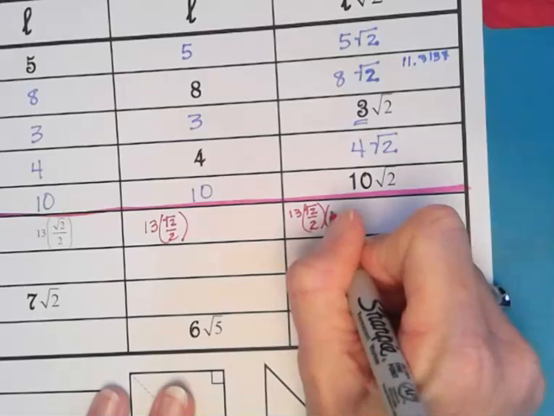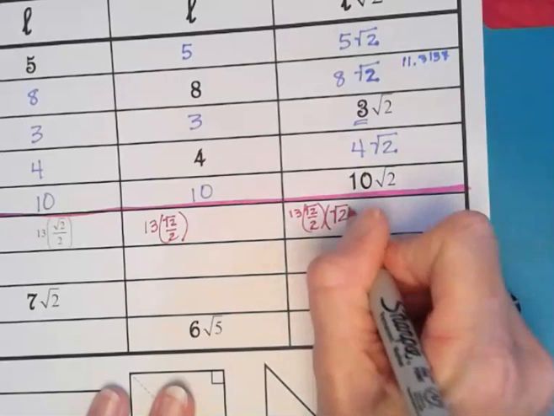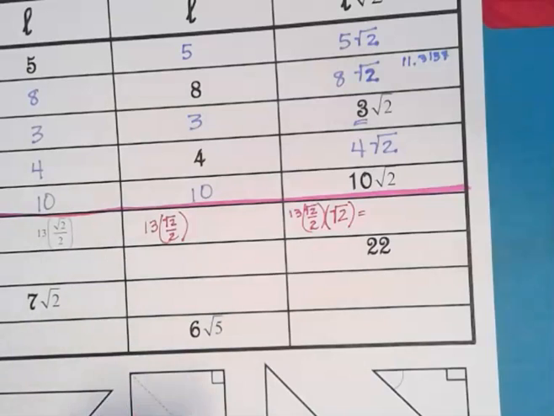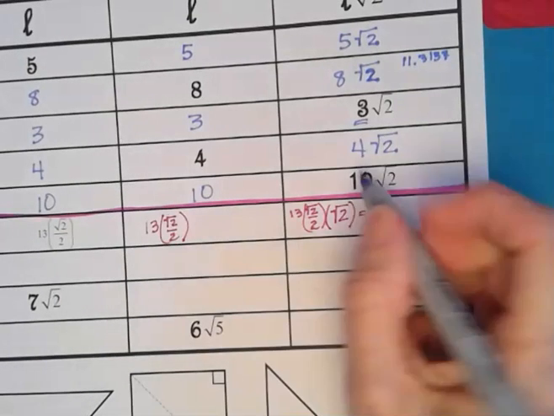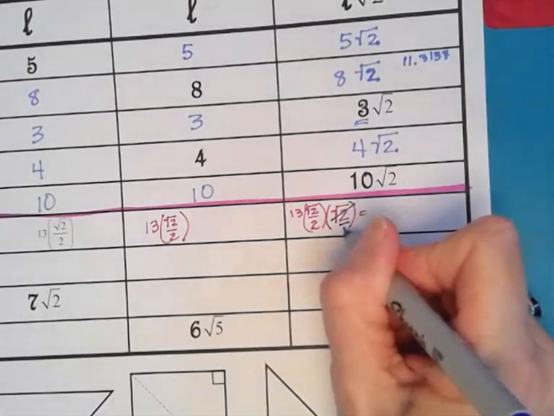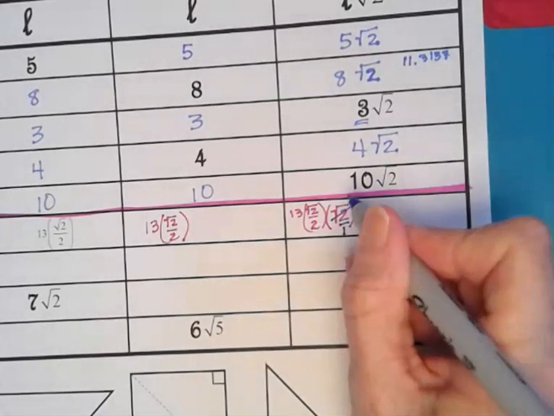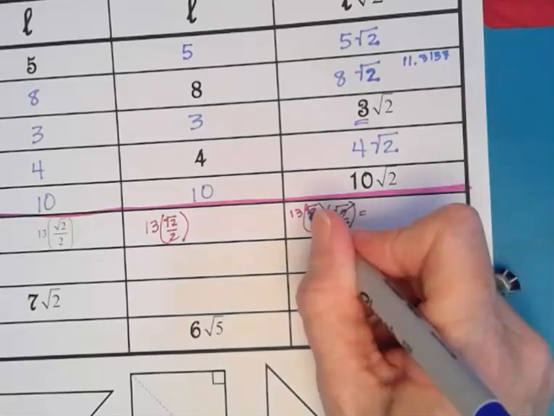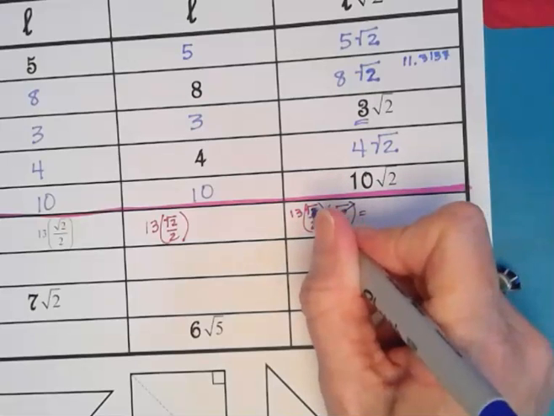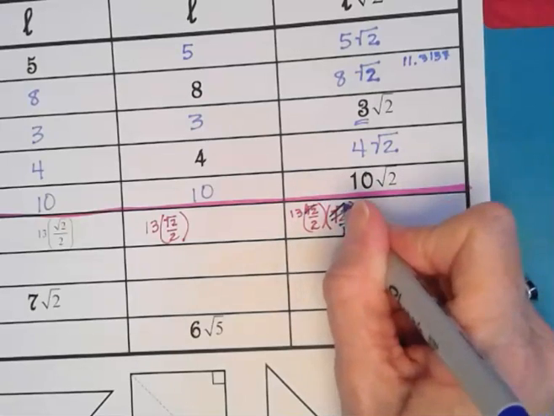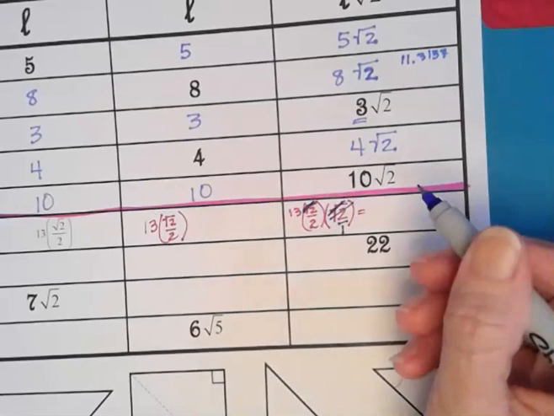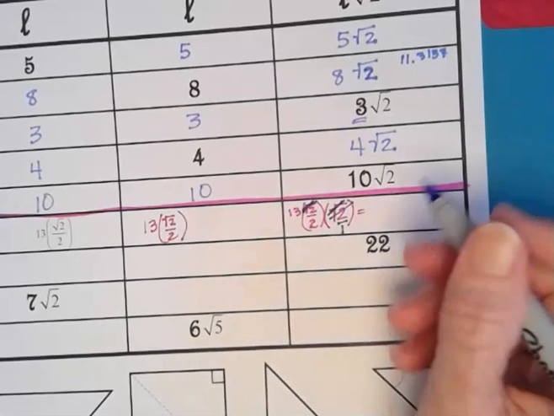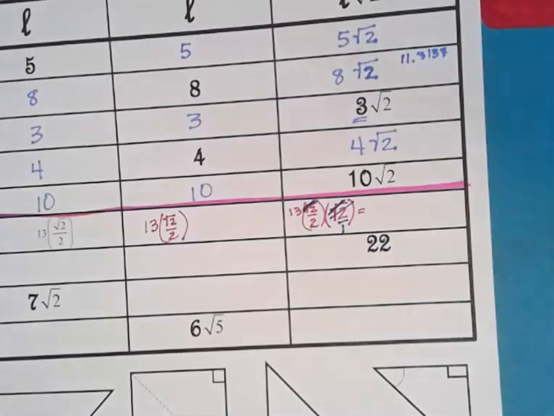So if I do this times square root of 2 over 2, this square root of 2 would be in the numerator. It's like it's over 1. This is down in the denominator. Excuse me, this is also in the numerator. And so the square root symbols cancel each other, and just the 2 is left.